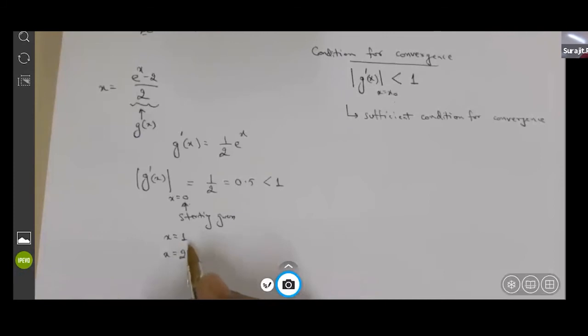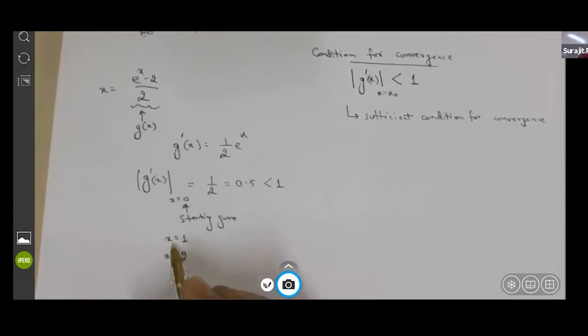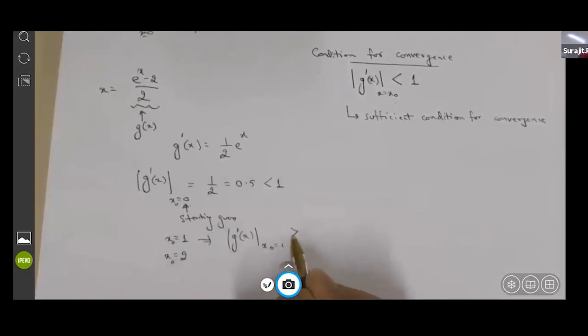When I select x naught equals 1, I get g prime of x at x naught equals 1 greater than 1. That's what you told me, that it was basically 1.35. It is greater than 1.